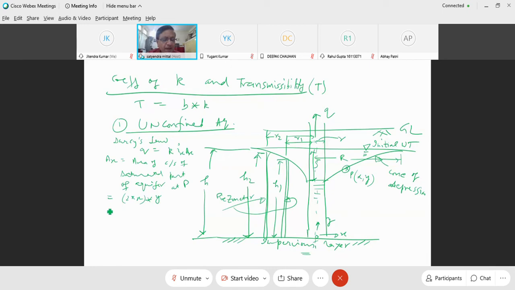And what will be the hydraulic gradient? I x, the hydraulic gradient at P, shall be equal to dy upon dx.